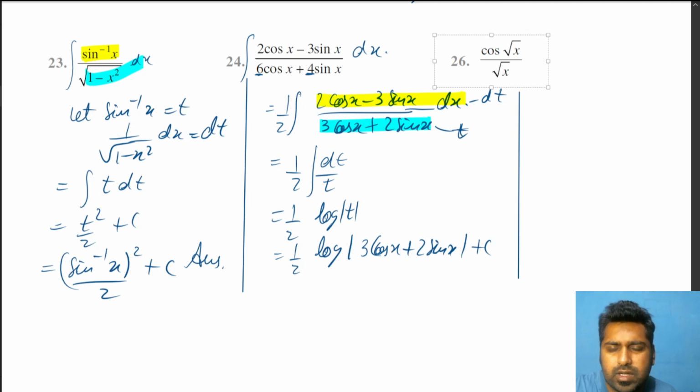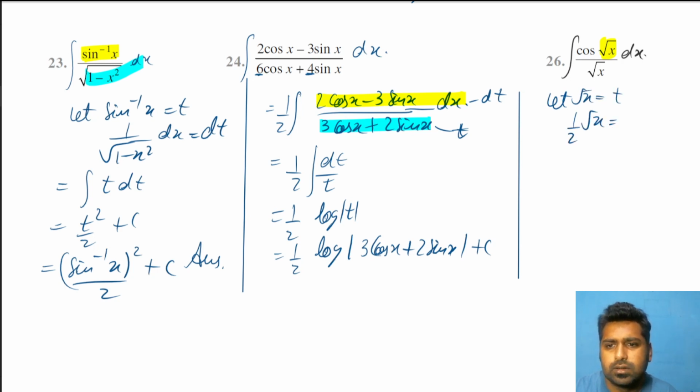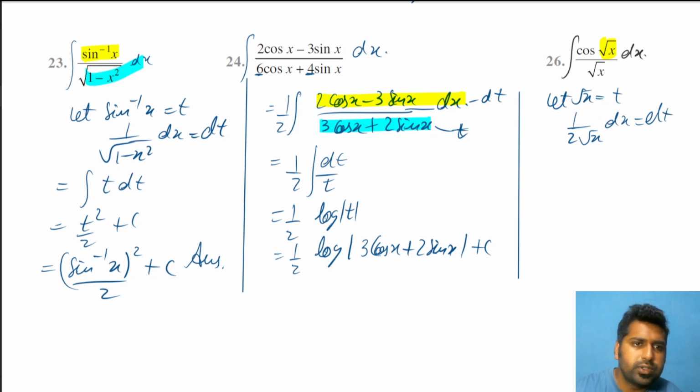This one lastly, integration cos root x by root x dx. Cos is okay, but root x inside it, no, let it be x. Let root x be equal to t. 1 by 2 root x dx is dt. There is no 2 with root x in the denominator, so you multiply it by 2 and 2 here. Do the adjustment.